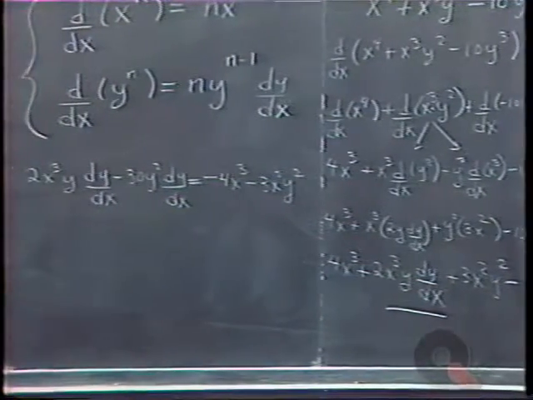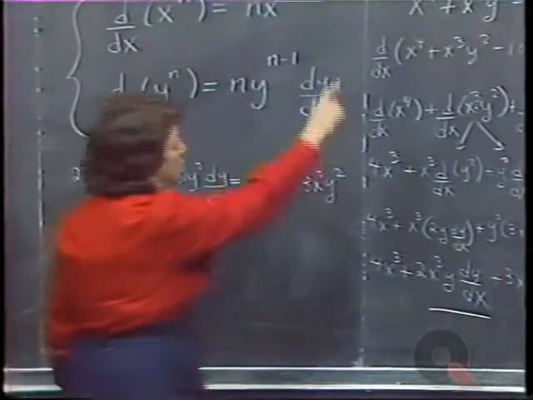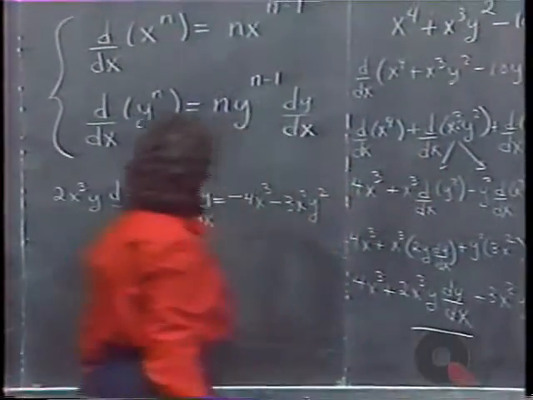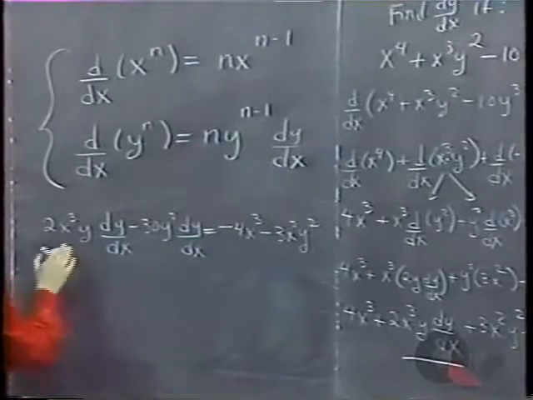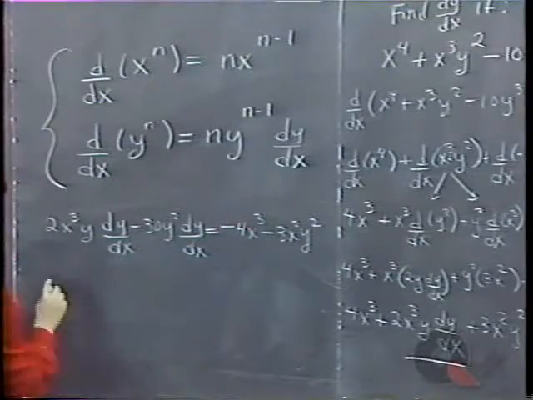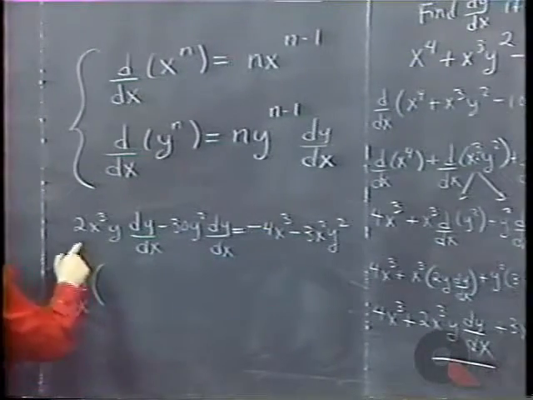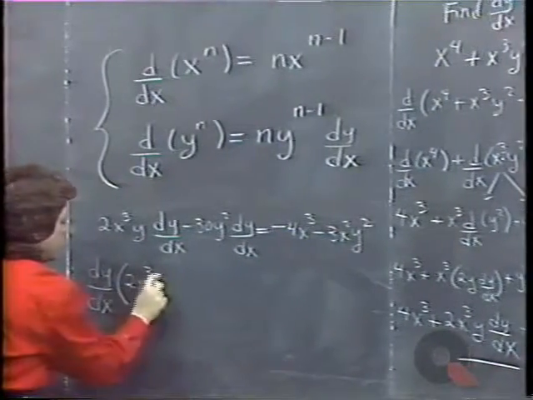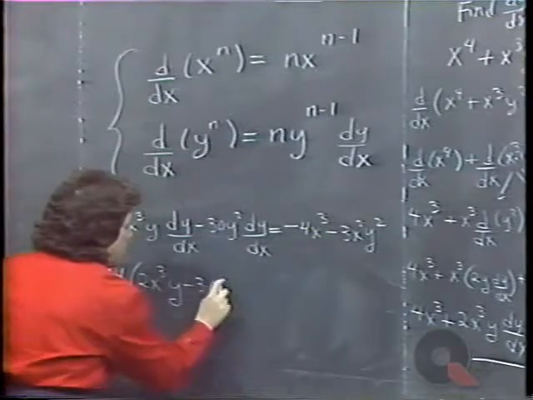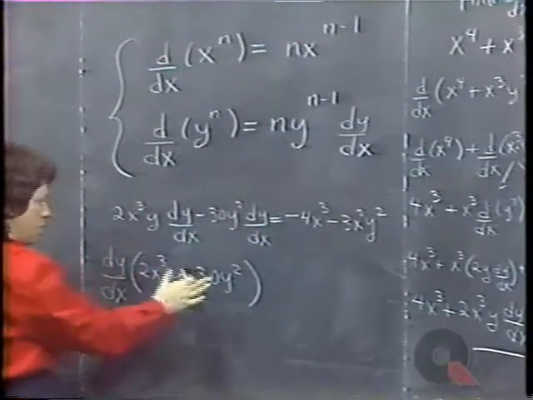Now we want to solve for dy dx. That's our goal. It says find dy dx. Okay, so let's factor out. Every term on the left has a dy dx in it, so let's factor out dy dx on the left side, and we have 2x cubed y minus 30y squared times dy dx.